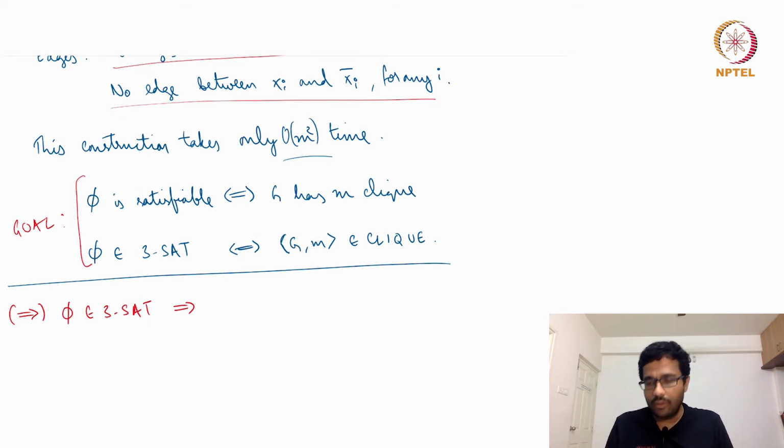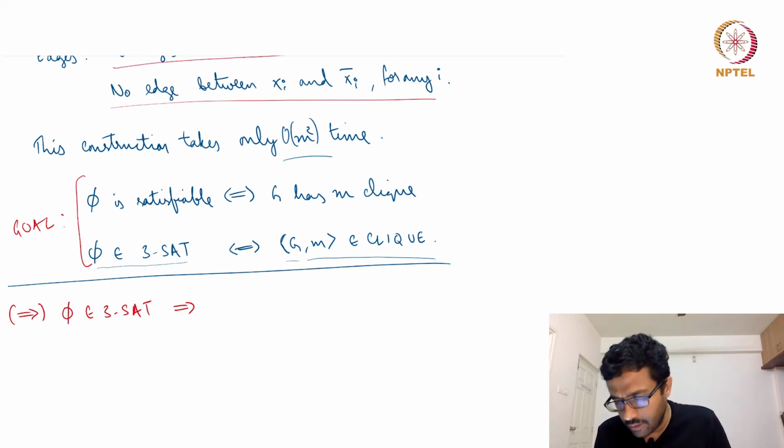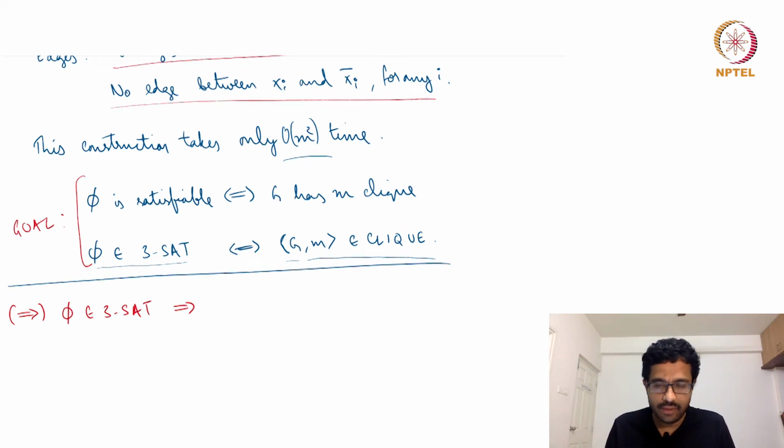Okay, now let us see why this construction is correct, meaning the main part of the reduction, that the Boolean formula is satisfiable if and only if the graph has a k-clique. So here, by our choosing the k, instead of k we will have m itself.